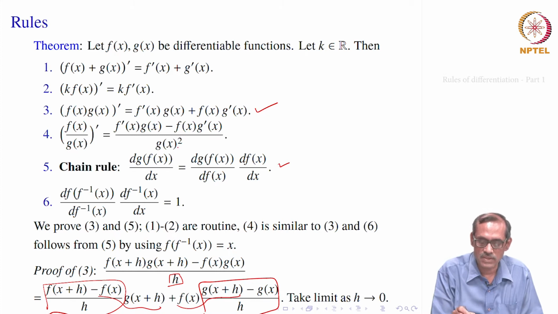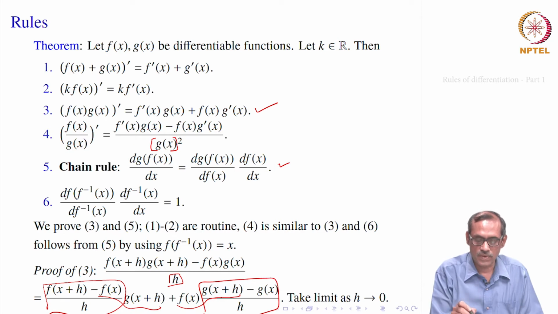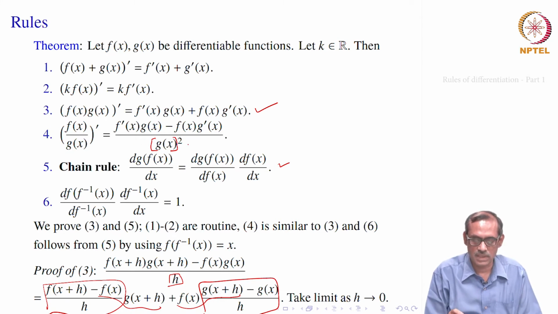Denominator we have g x squared. So, this is really g of x squared. This is how the formula would look like: g x f prime x minus f x g prime x divided by g of x square.